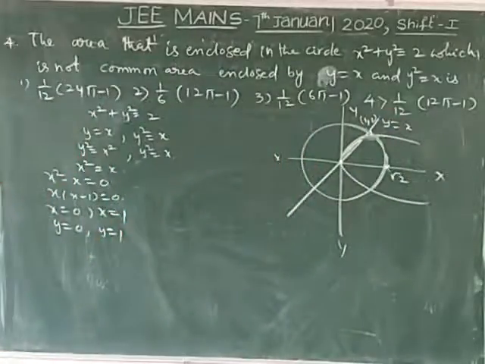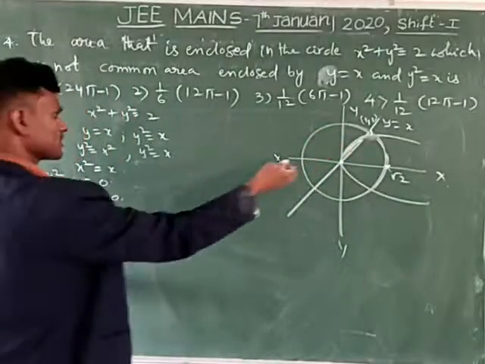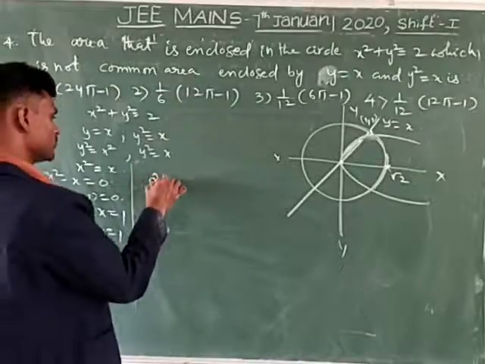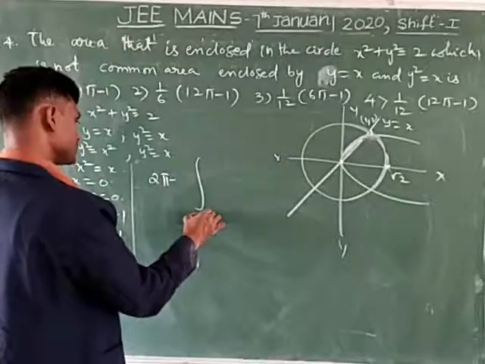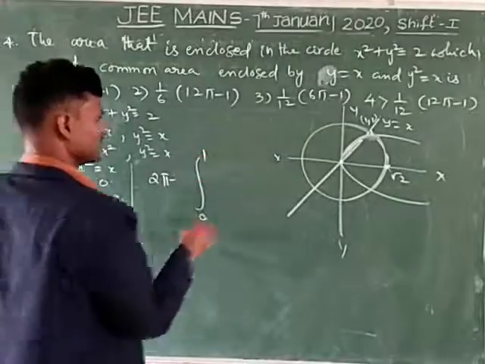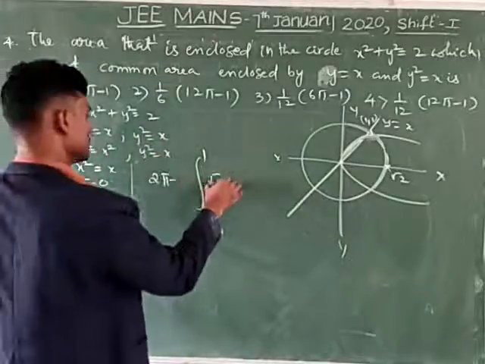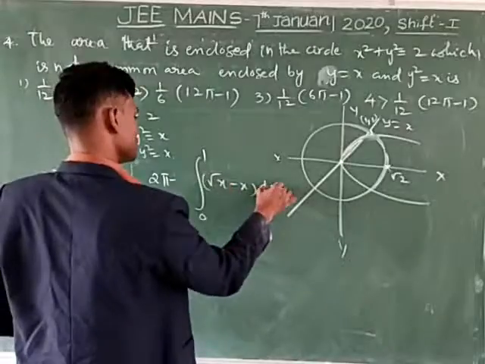Now see here, this is the total circle area minus this enclosed area. The total circle is 360 degrees. That's why 2π minus the integral from 0 to 1 of, this is y², y² means root x minus x, dx.